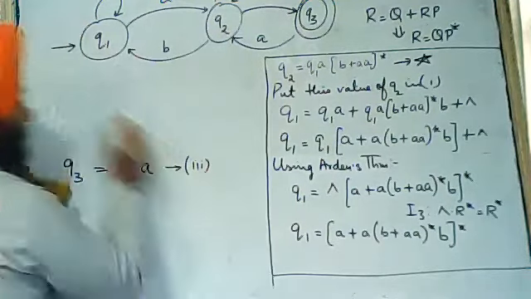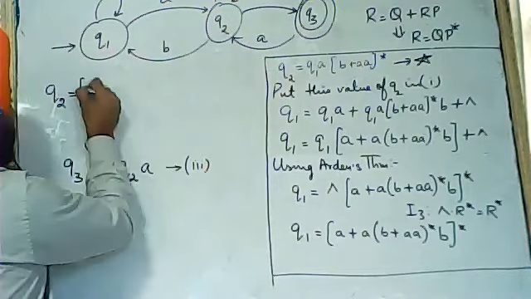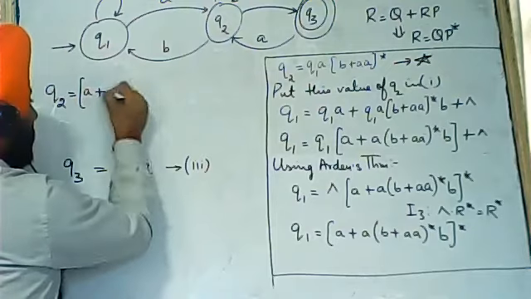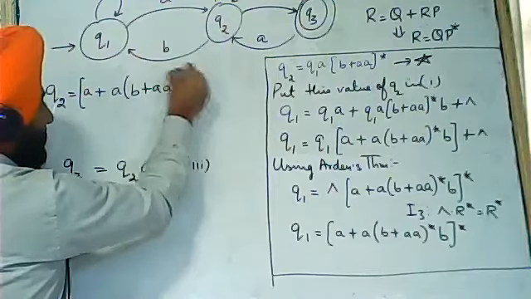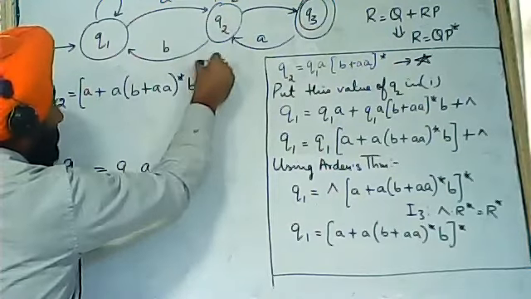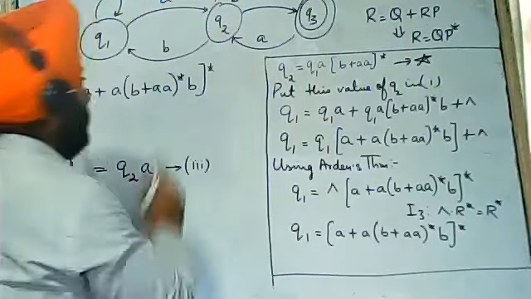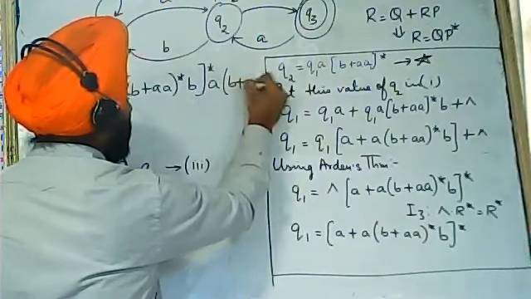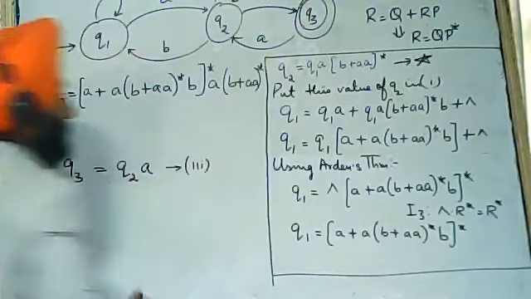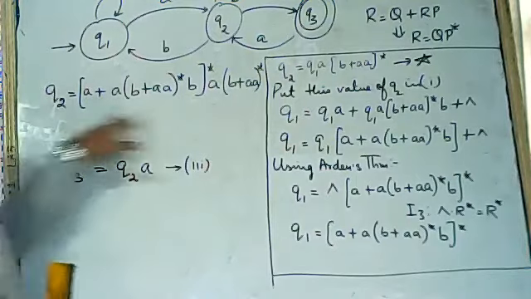What you will get? It becomes Q2 equals A plus A, B plus A star, B square bracket close star, then this expression which is A B plus A star, right? So now you can see that you have Q2 which is free from states.